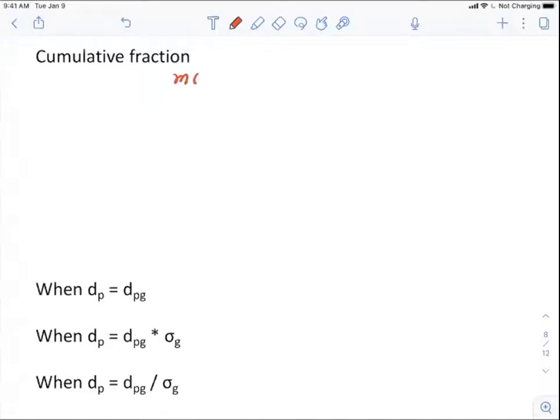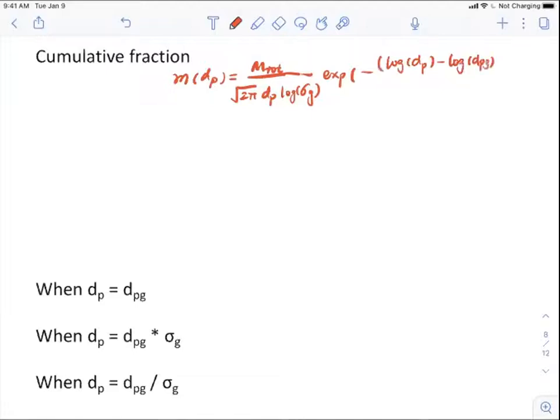We already showed that the log normal size distribution has the form m total divided by square root of 2 pi dp log of sigma g, and then exponential of minus log dp squared.